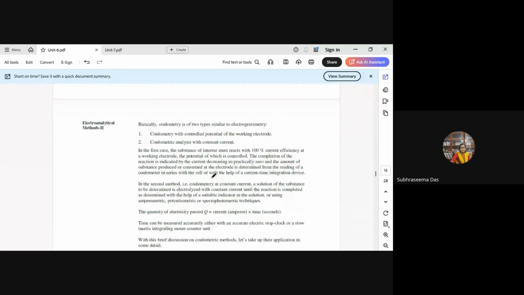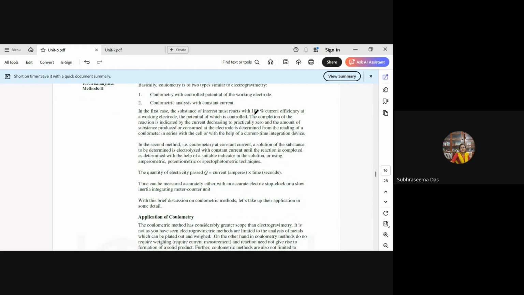Basically, coulometry is of two types: coulometry with controlled potential and coulometric analysis with constant current. In the first case, potentiostatic coulometry, the substance of interest must react with 100% current efficiency at the working electrode, the potential of which is controlled.